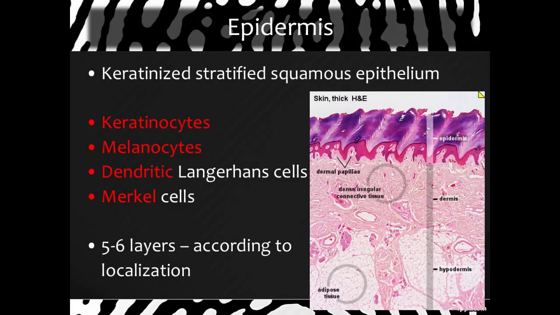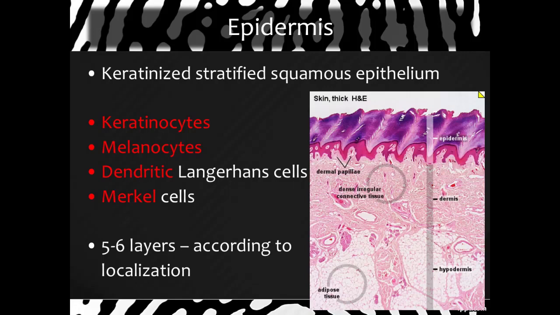So melanocytes produce melanin, which is injected into the neighboring keratinocytes and protects their nuclei against the damaging effect of ultraviolet radiation.